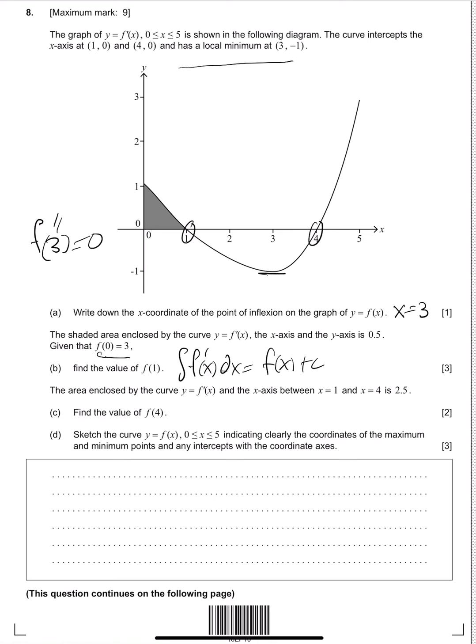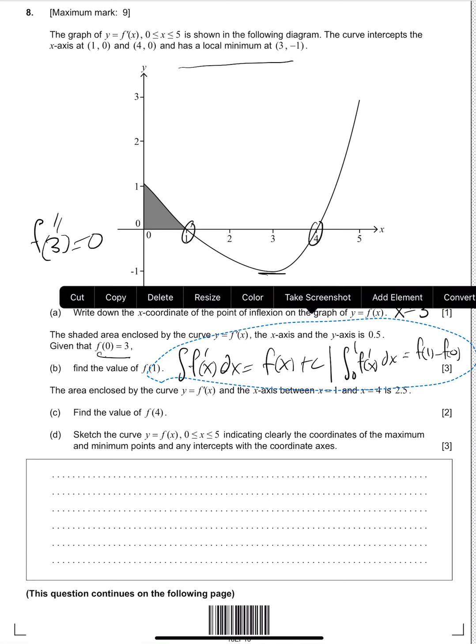Now we know that f of 0 equals 3. We're given this. So the other way I can write this is that the integral from 0 to 1 of f prime of x dx is equal to f of 1 minus f of 0. That's from the fundamental theorem of calculus, yes?